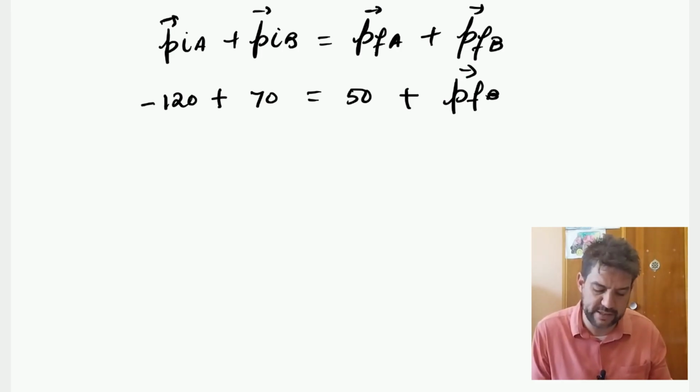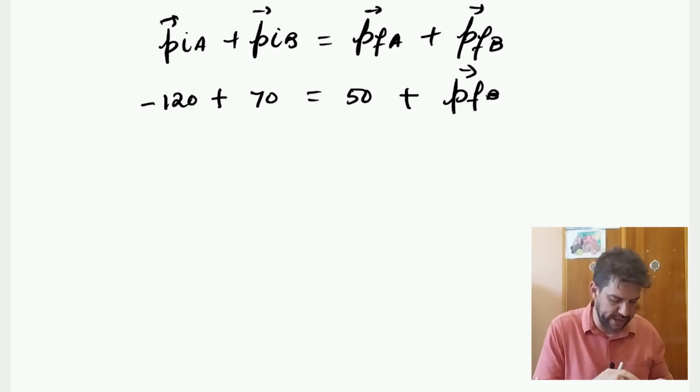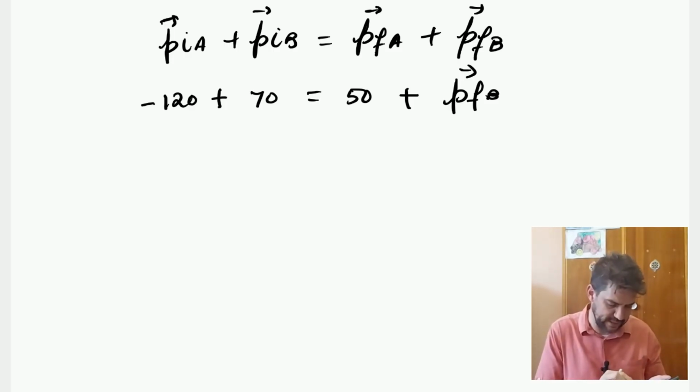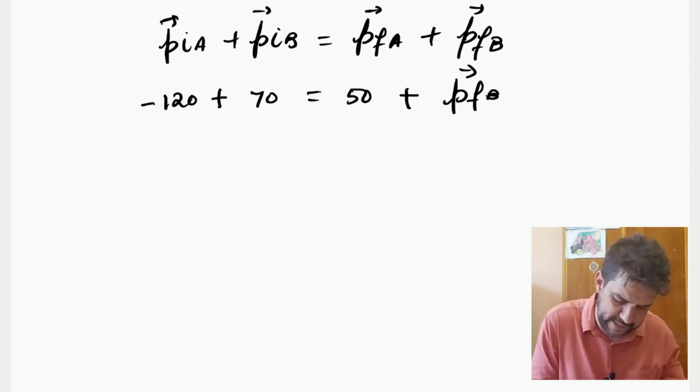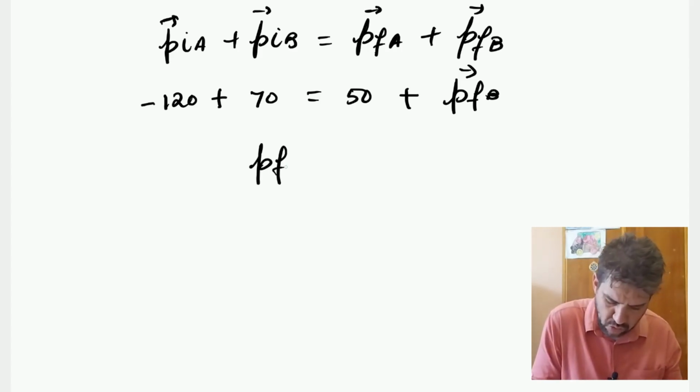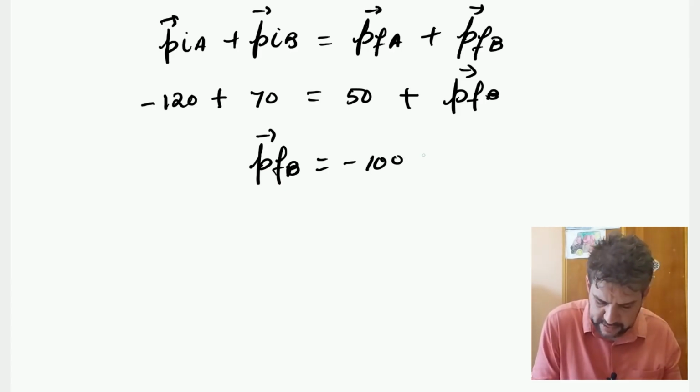So this is really simple, it's just calculation. It is negative 120 plus 70 minus 50, and you get negative 100. The final momentum of B is equal to negative 100 kilogram meters per second.